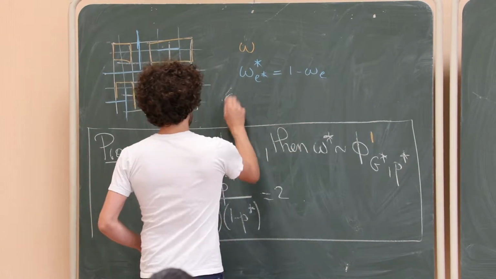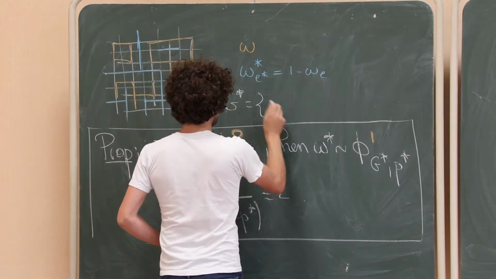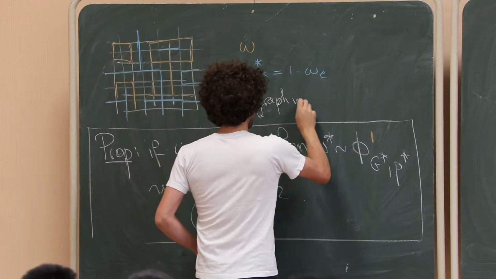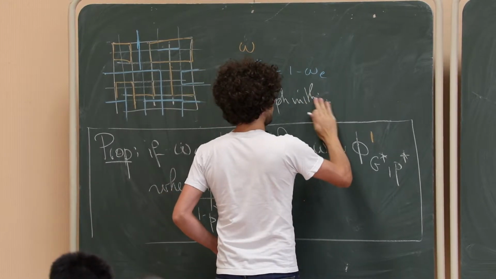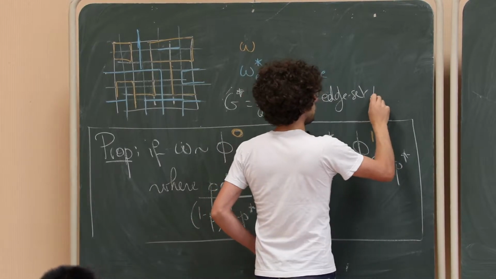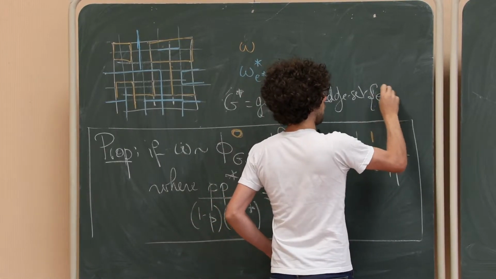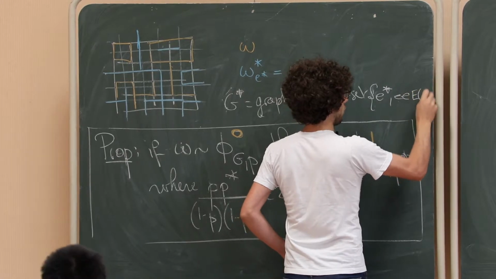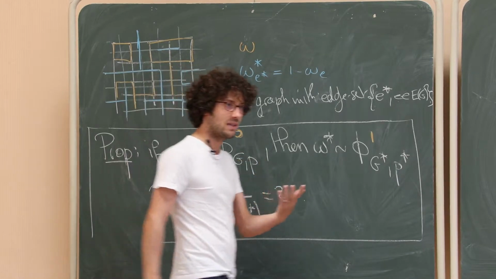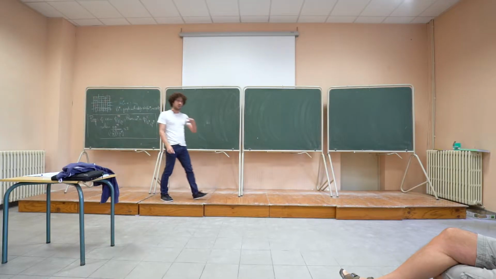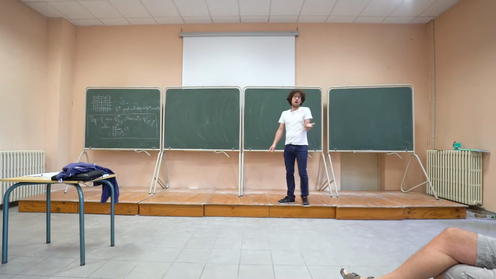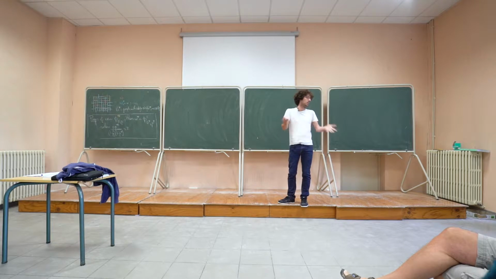By the way, G star is the graph with edge set the set of E star for E an edge of G. So you take all the edges of the dual lattice which are intersecting one of the edges of the primal graph, and then as a set of vertices, you just take the endpoints of these edges.